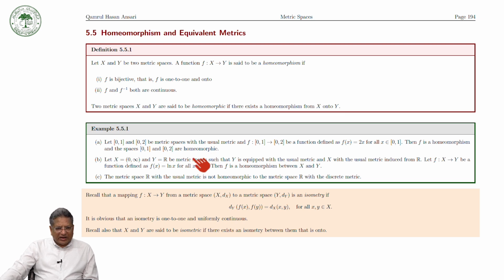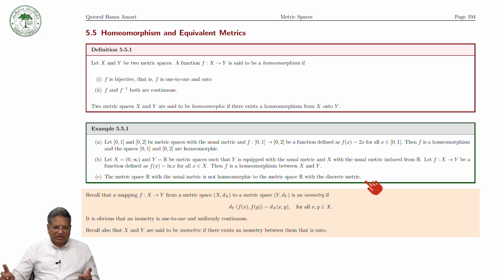Take another example. Suppose X is the open interval (0, infinity) and Y is the set of all real numbers with the usual metric, and f is defined as f(x) = ln x. Then f is a homeomorphism between X and Y. Now take another example. The metric space R with the usual metric is not homeomorphic to the metric space R with the discrete metric.